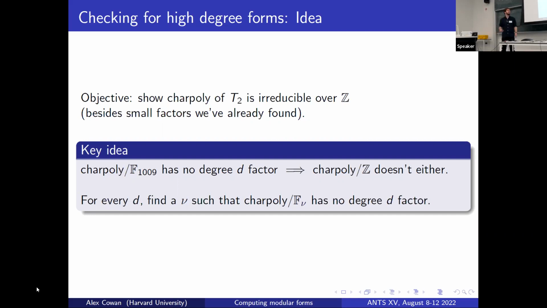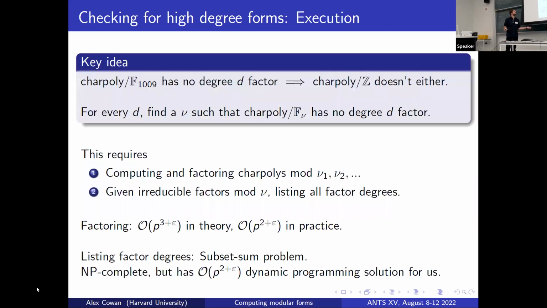So the plan is that for every single possible degree that this characteristic polynomial could have, we're going to find some small arbitrary prime nu and show that the characteristic polynomial mod nu has no factor of degree d, and so therefore over the integers it didn't have a factor of degree d either. So that's the plan. This is quite daunting, right?